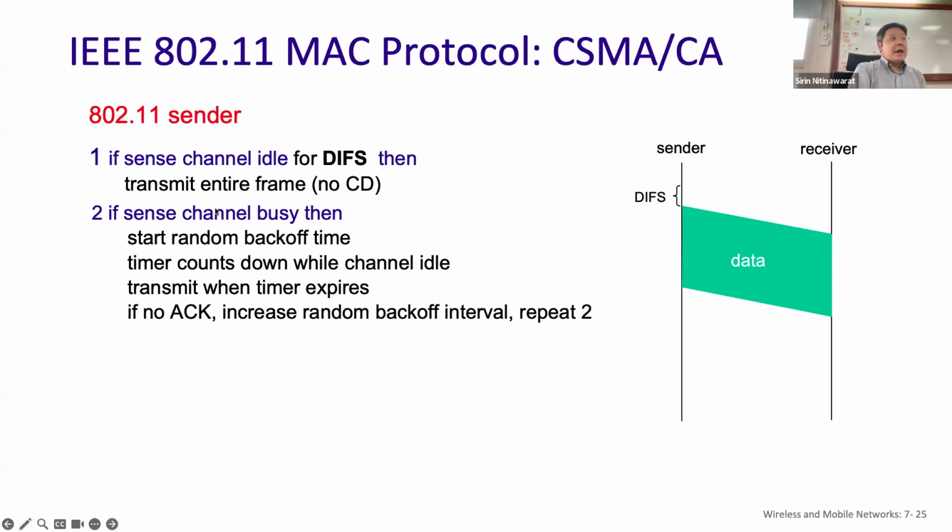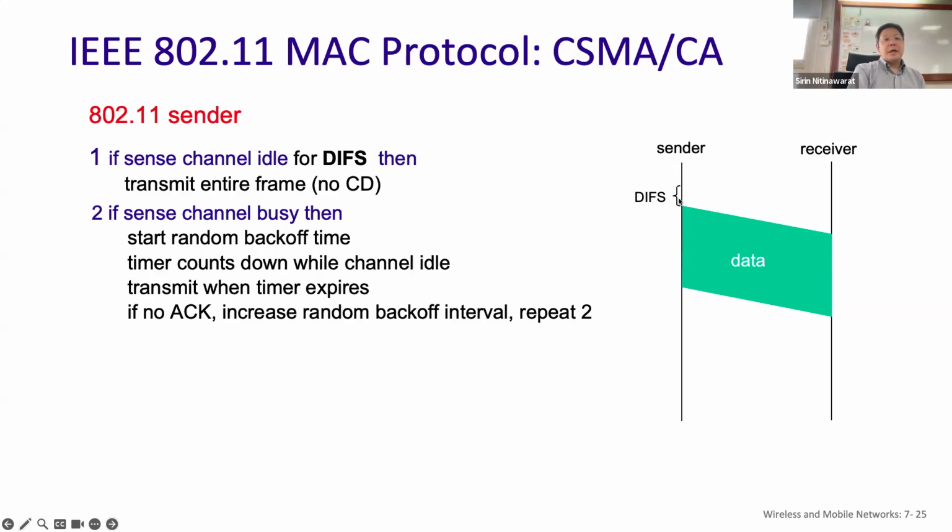And the way this is done is by using the back off time, to back off before attempting the new transmission. This is done by setting up a random back off timer that counts down for the predefined period of time, for the channel to remain idle before attempting the new transmission.